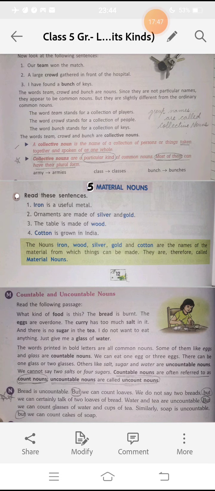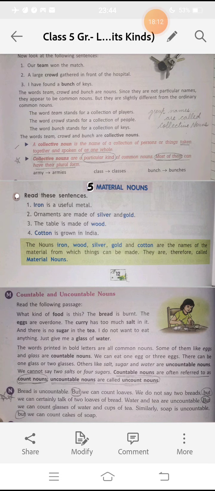Stone, children. 1 stone and a heap of stones. Got it? Plural can be framed. Stone can be stones. Plural of stone will be stones. So that is how, don't take it as countable. It can be uncountable as well, because we have a heap of stones. That time it becomes uncountable.